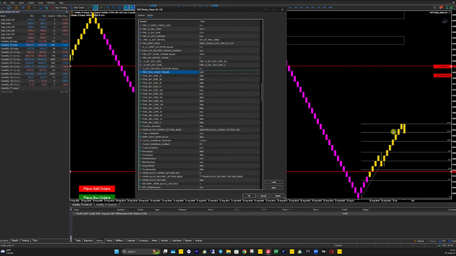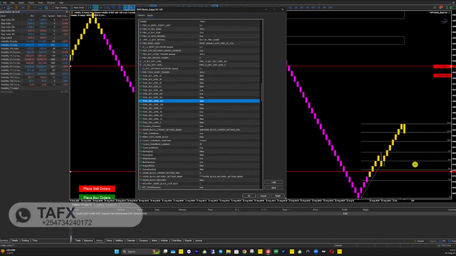So you can trail any of the levels that you wish here, whether for buy or sell. If it is a buy, you can trail at level 161, level 100, all these levels, you can use them for trailing. If it is a sell, let's say for example, you can also trail any of the levels that you want to trail.